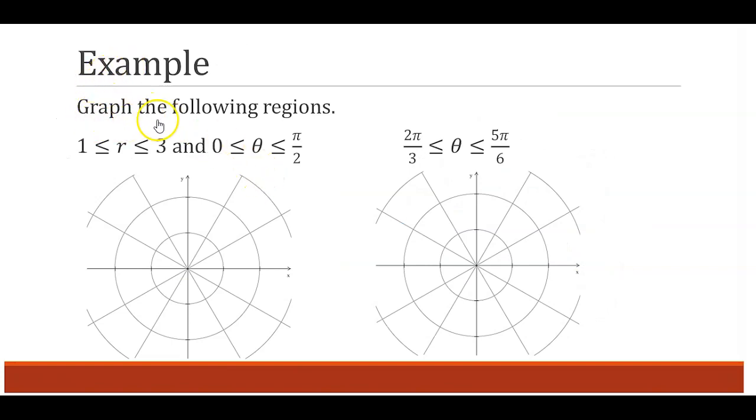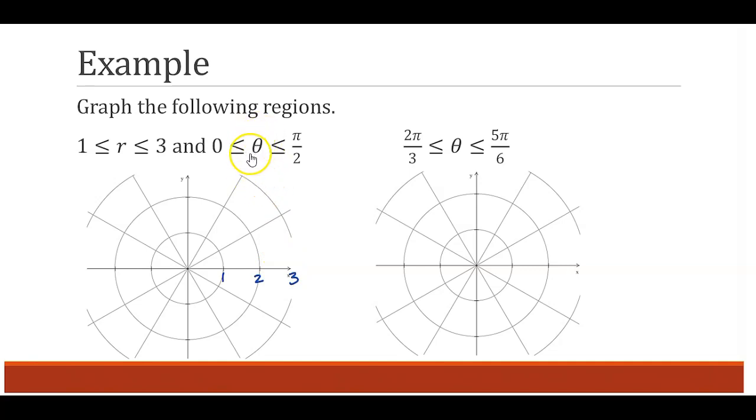In this example, we're going to graph the following regions based on our previous examples and our understanding of these polar coordinates and polar values. So here, this region, this says that the r values are always between 1 and 3. So here we have 1, 2, 3 labeled on our polar axis, so we're always going to be between 1 and 3 in our r values.